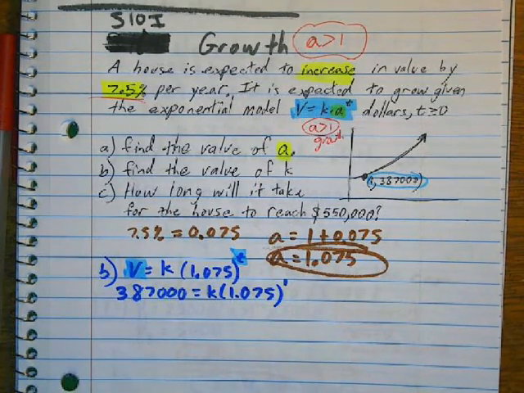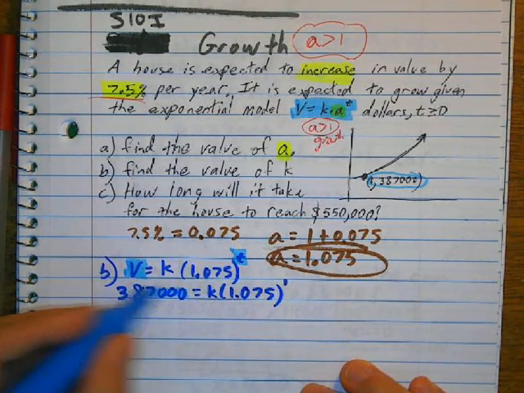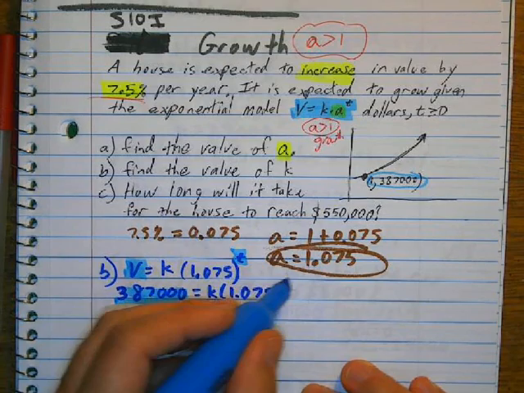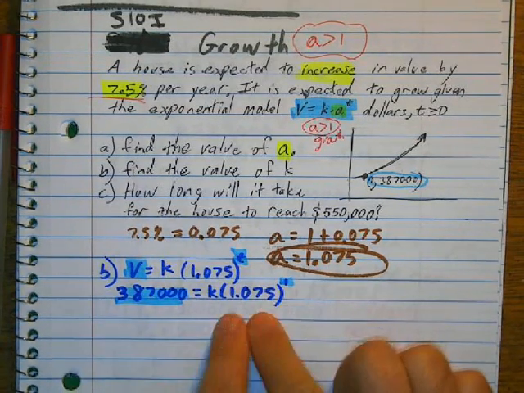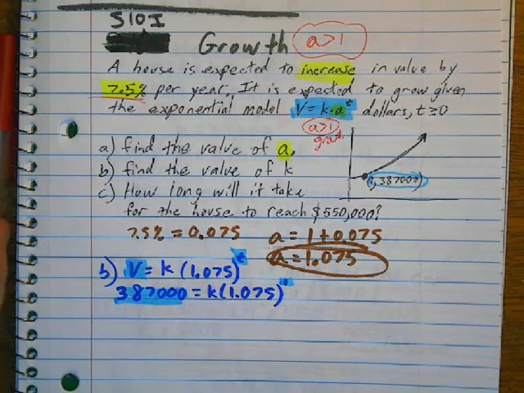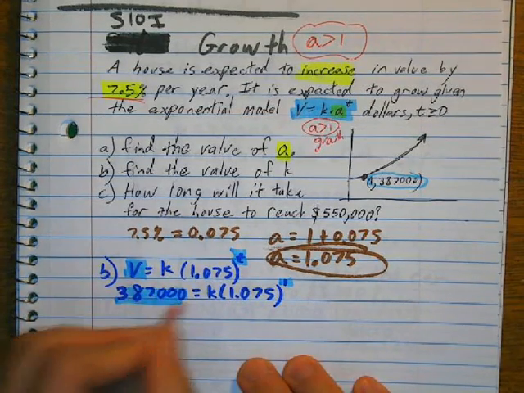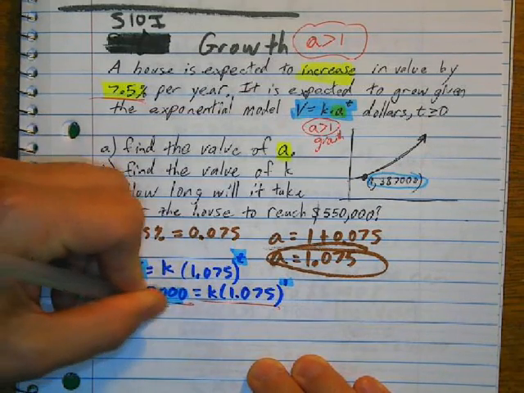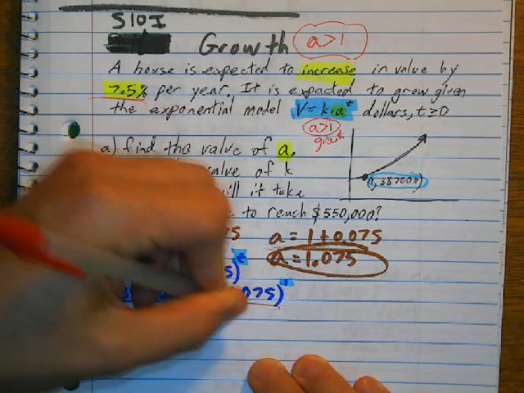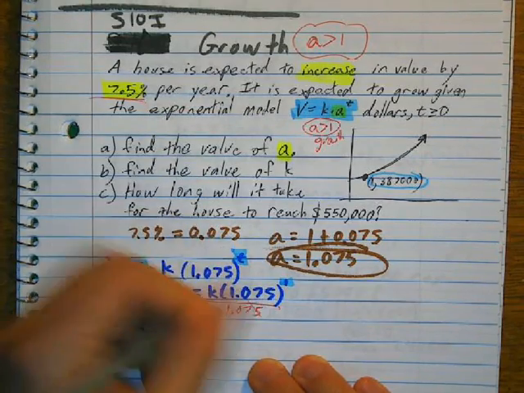Now that I've substituted those values in, the only variable we have is k. So this to the power of 1 is simply that. So I need to divide both sides by 1.075, and by doing that we end up with k.